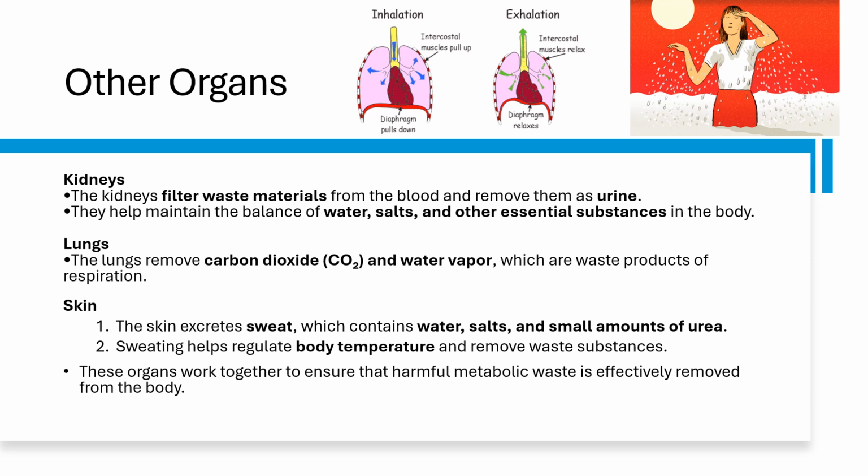The lungs remove carbon dioxide and water vapor, which are waste products of respiration. The skin excretes sweat, which contains water, salts and small amounts of urea as well. Sweating helps our bodies to regulate body temperature and remove certain waste substances. All these organs work together to ensure that harmful metabolic waste is effectively removed from the body.